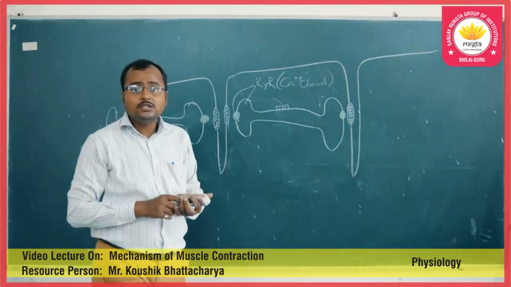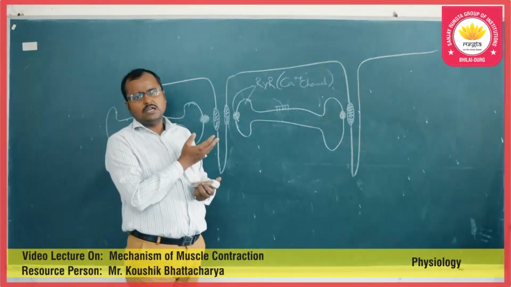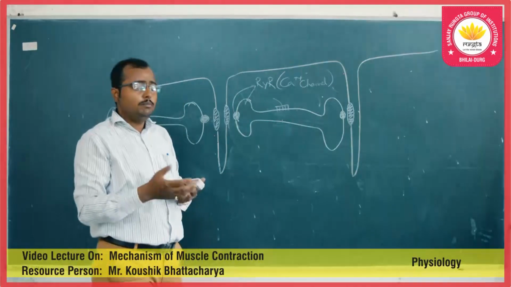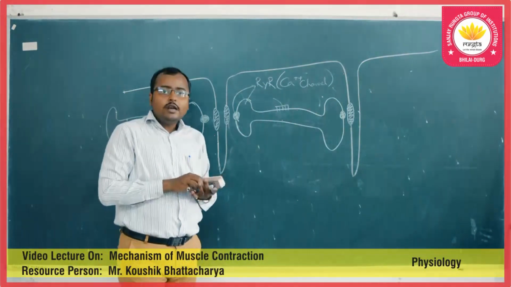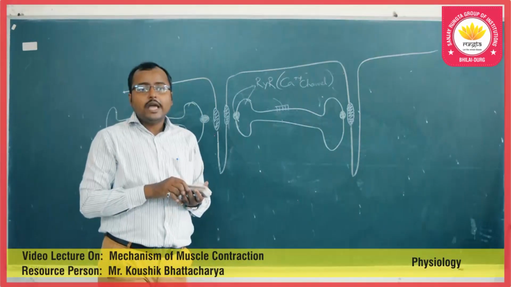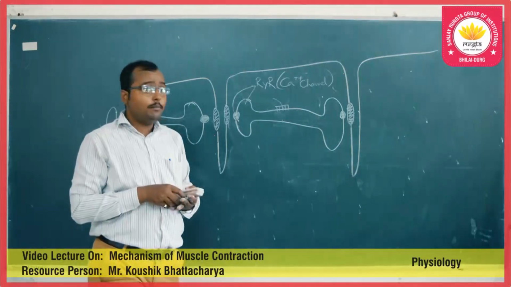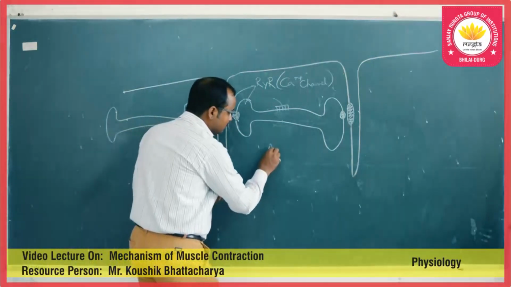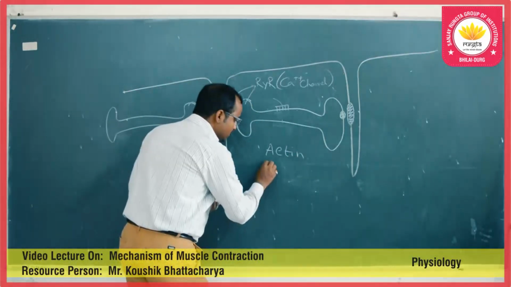From our previous knowledge, from class 10, 11 or 12, we know that some contractile proteins will help to contract the muscles, and those proteins are mainly the actin. Next, myosin.